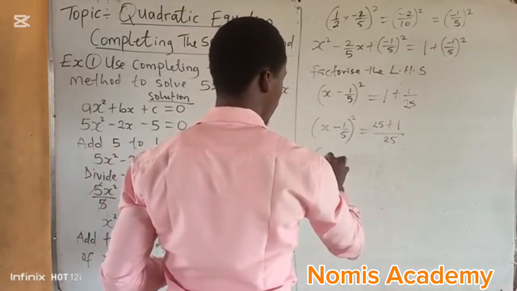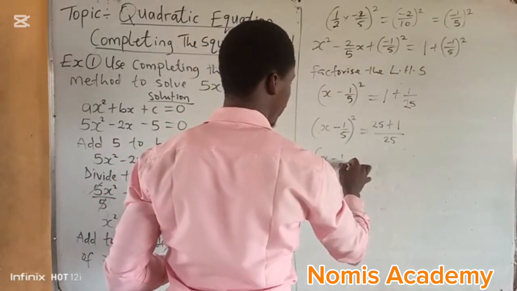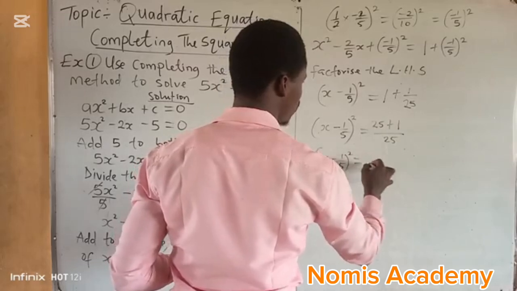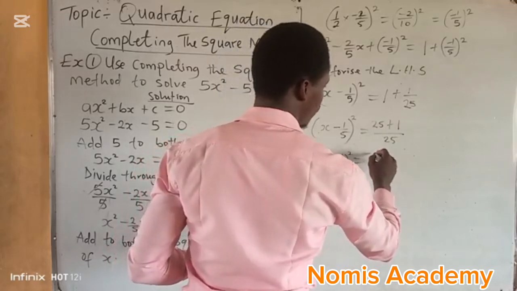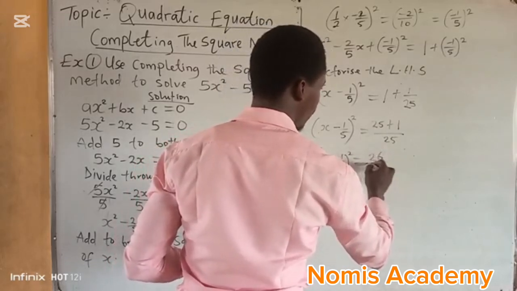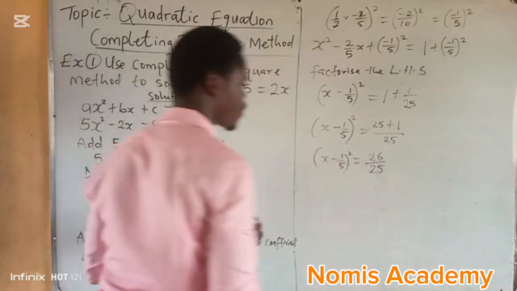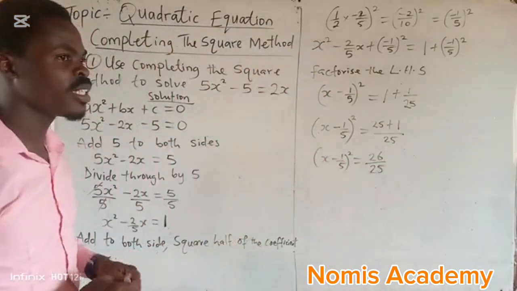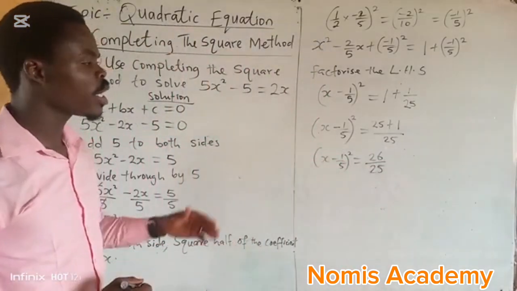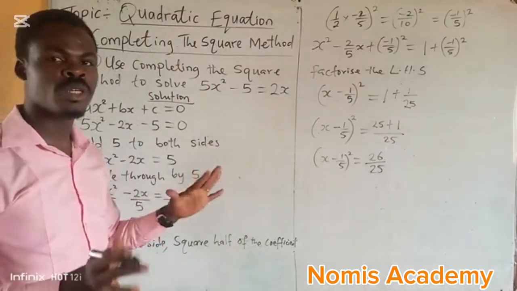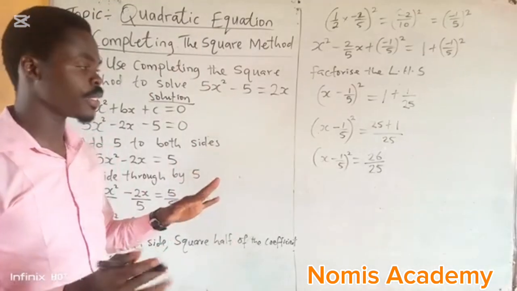So we have x minus 1 over 5 square equal to 26 over 25.